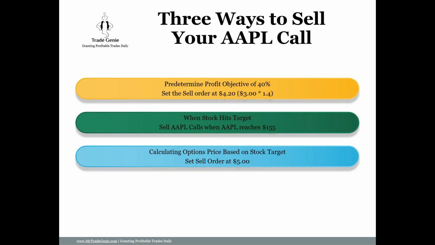If it's hitting after 10 days, you may not even get 4.20. You may get 4. So make sure you understand and calculate, and then you can set the sell order at 5. So there are 3 ways of doing it: when the target is hitting, or your profit objective, or you're calculating the option price. If it works, it's good for you.